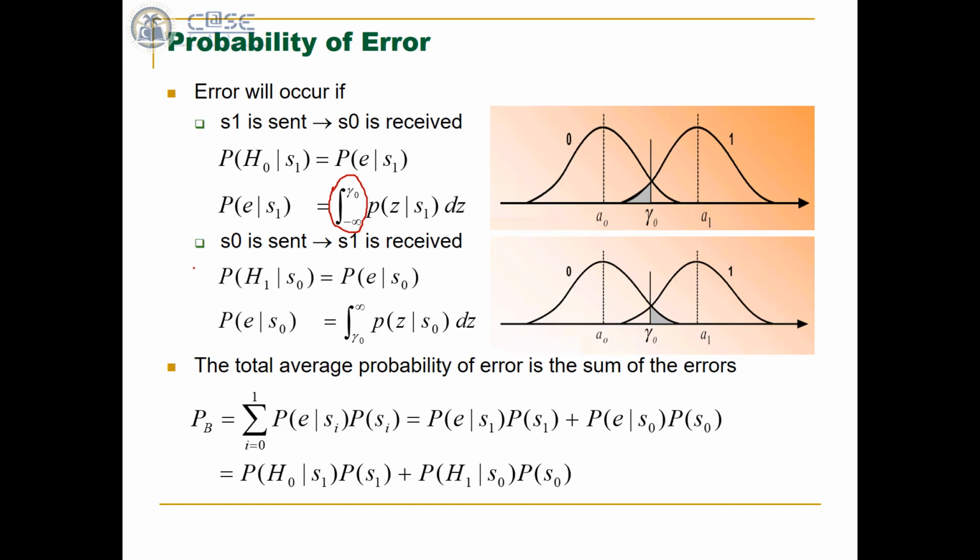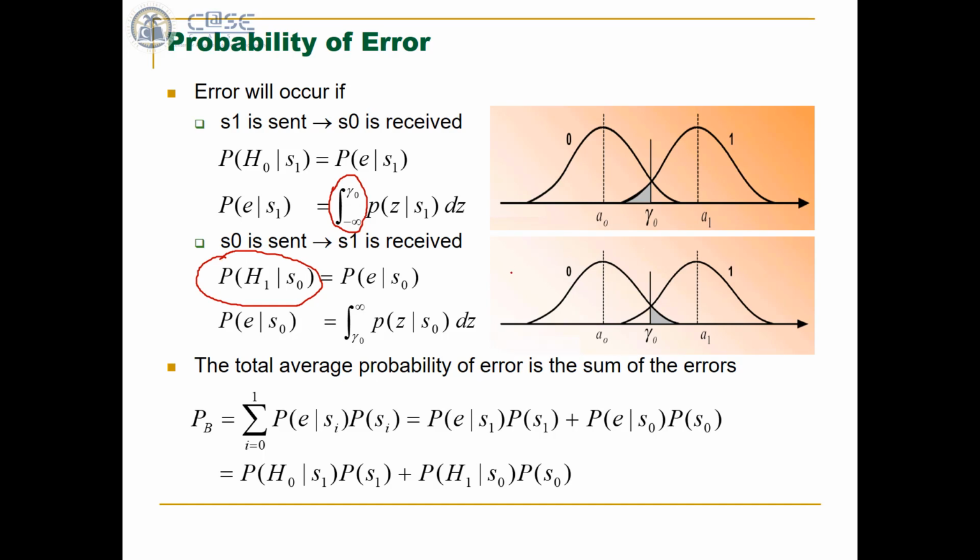Now let us assume the other way around. Suppose signal class S0 was sent, and at the receiver end you took the decision in favor of signal class S1. That is, you choose hypothesis H1 given signal class S0.